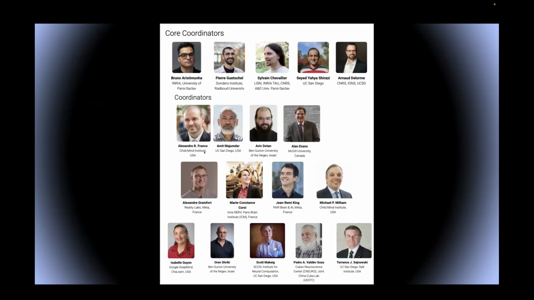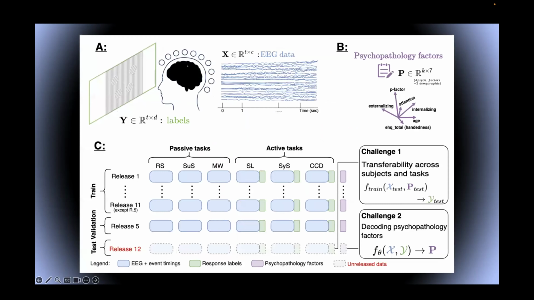This is everyone involved, a lot of people from UCSD, including Scott Makeig and Terry, and the core team. So we ran the competition in collaboration with a group in France that runs a tool called CodaBench. And we had 2 challenges. Challenge number 1 was to predict reaction time from the EEG.